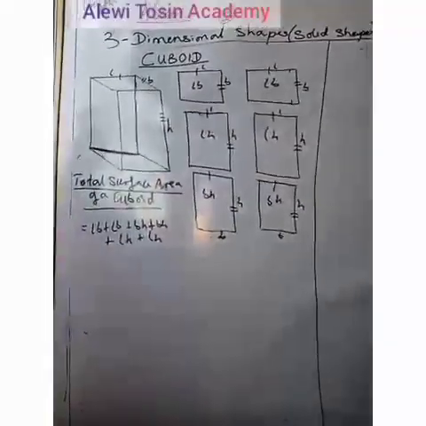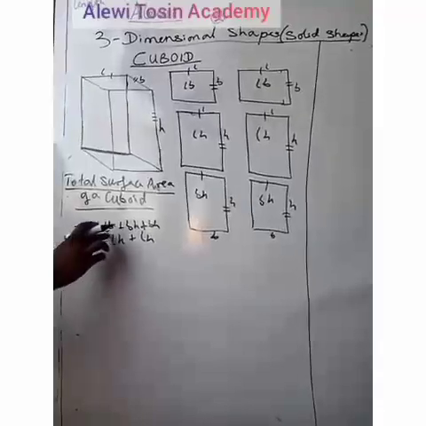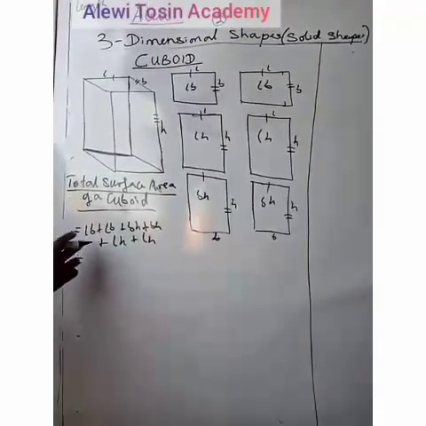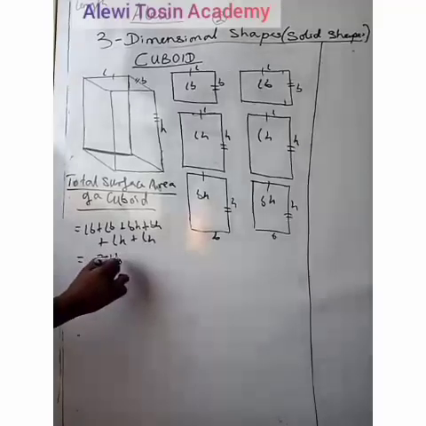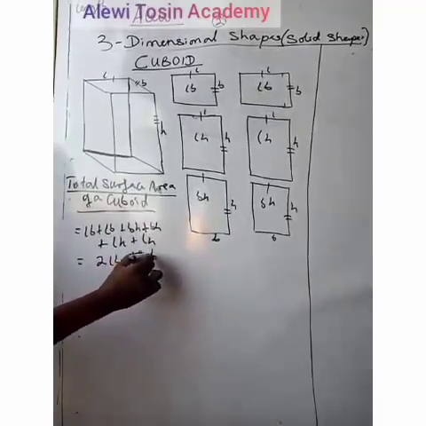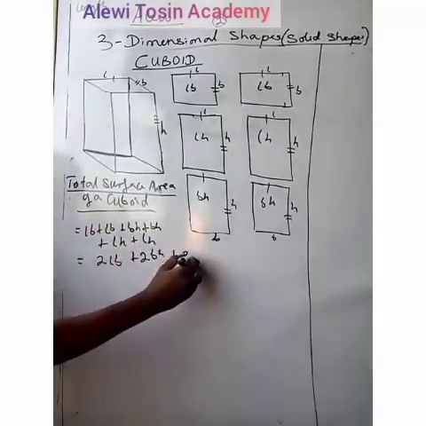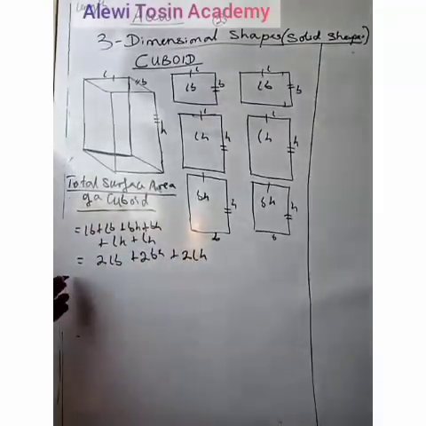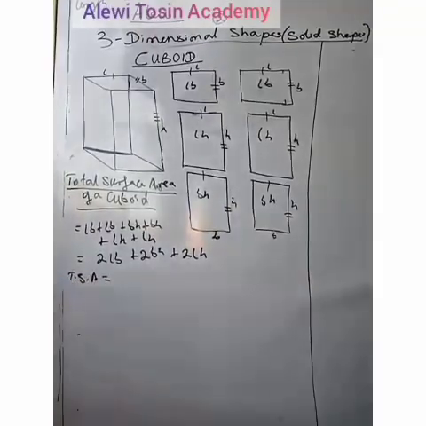So the total surface area will be: LB plus LB will be 2LB, BH plus BH will give 2BH, while LH plus LH will give 2LH.